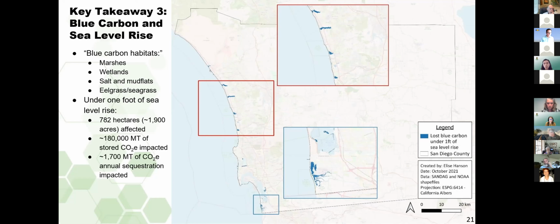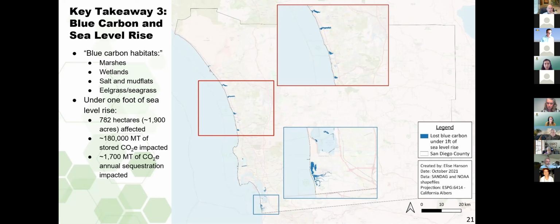Using estimates from the literature about sequestration and storage estimates per habitat type, 2021 SANGIS vegetation classification data, and sea level rise shapefiles from the National Oceanic and Atmospheric Administration, or NOAA, this analysis estimated that approximately 782 hectares, or about 1,900 acres, will be affected by 1 foot of sea level rise.